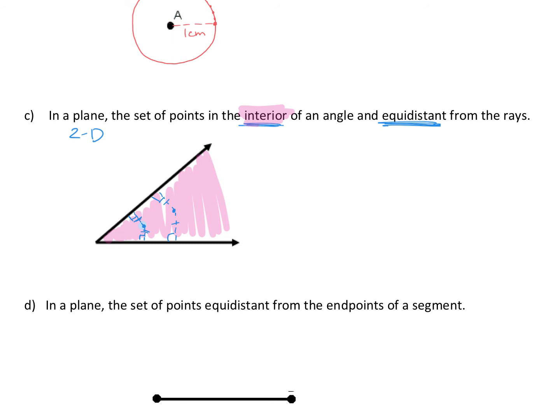If I kept going like that, I would end up with an angle bisector, right? So my locus is the angle bisector. It's inside the 2 rays in the interior of the angle, but it's the same distance away from the rays. Okay?